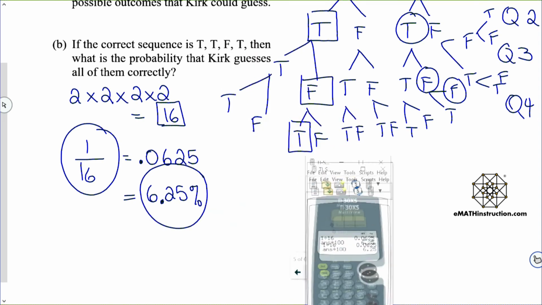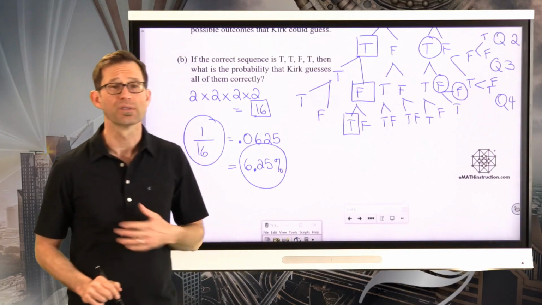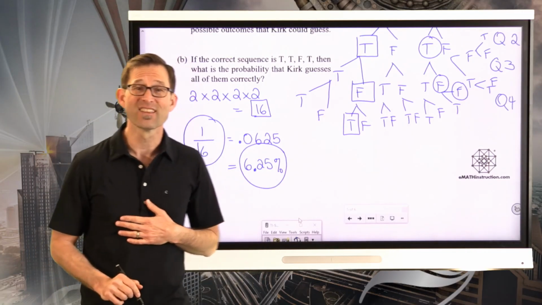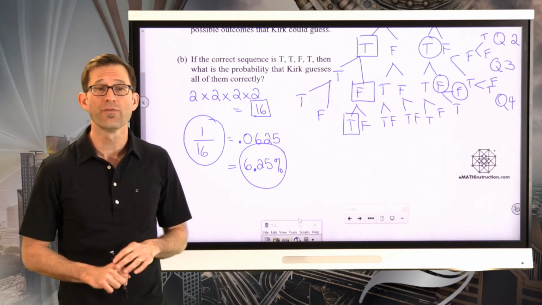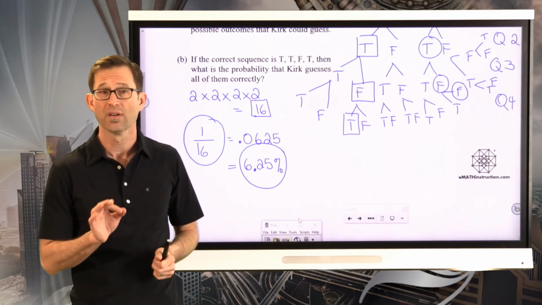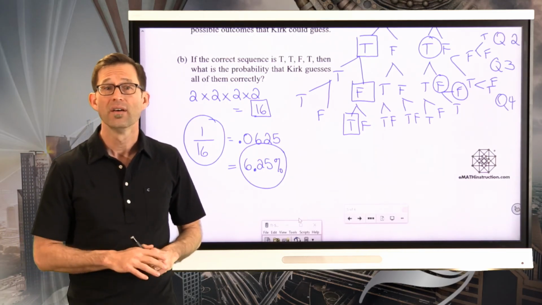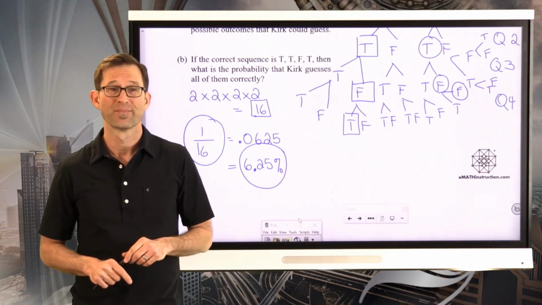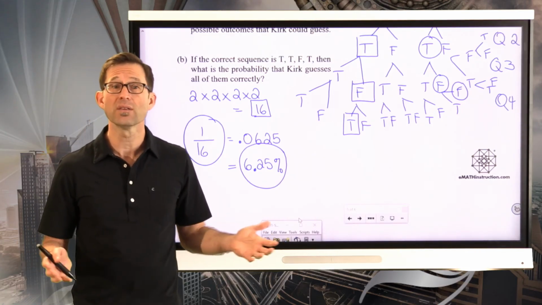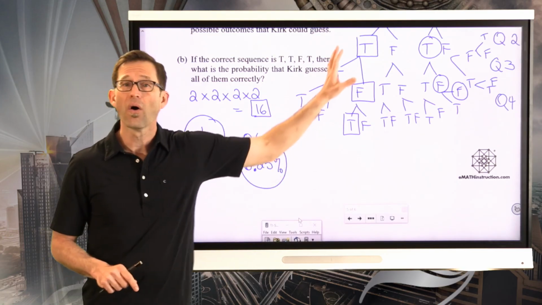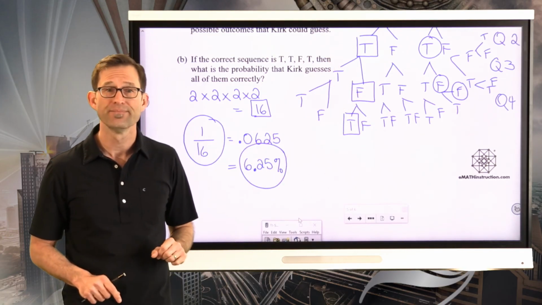Wow. We have less, sorry, I shouldn't say we. I have less than a 10% chance on this true-false test of getting a perfect, of getting them all right if I'm guessing. And that's because there's 16 total ways I can guess, all shown in that tree diagram.